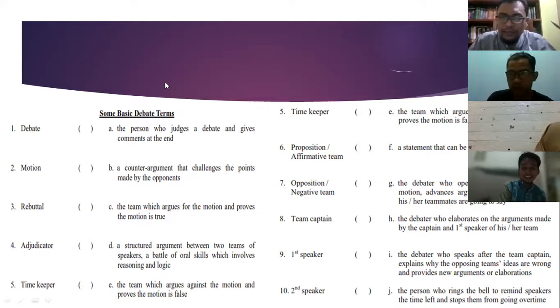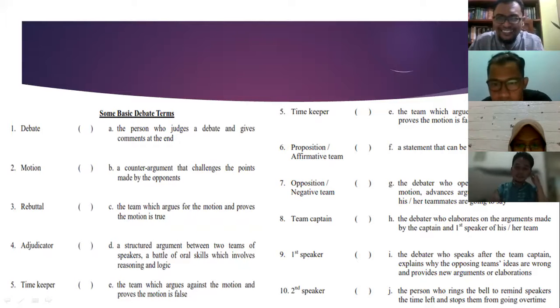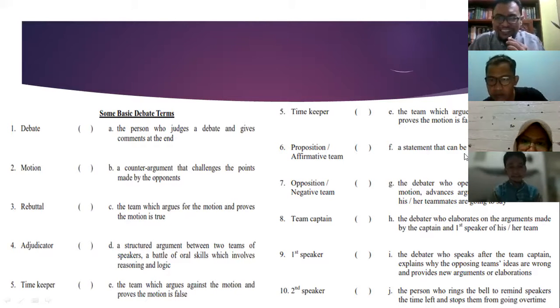Do you have any other answer? A statement that can be agreed or disagreed with. Which one? F. So you mean a statement that can be agreed or disagreed with?